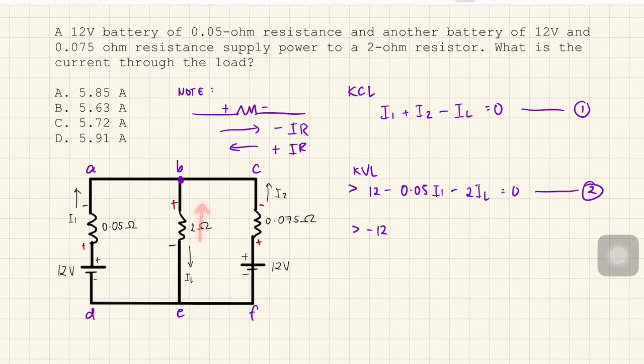For here, since we're leaving on the positive side, so that's plus 2IL. And lastly, since we're leaving on the positive side, that's positive 0.05 I2 equal to 0.